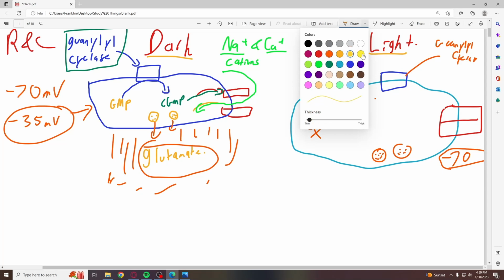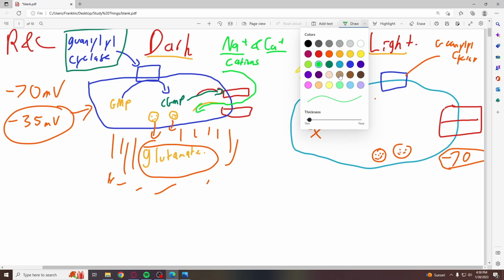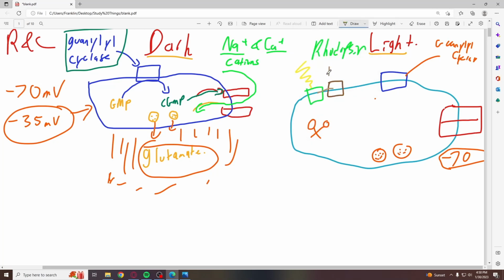In the light, there's some slight differences. Light comes in and interacts with this green one, called rhodopsin. Rhodopsin interacts with transducin, and transducin interacts with these pairs of scissors, which is called cGMP phosphodiesterase.